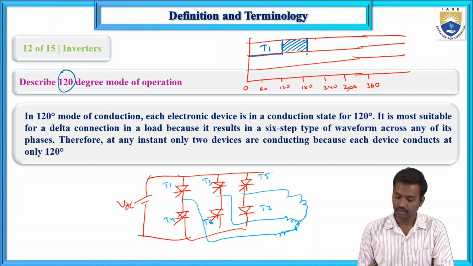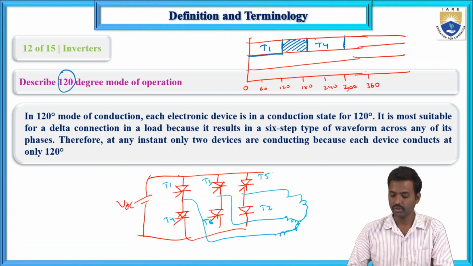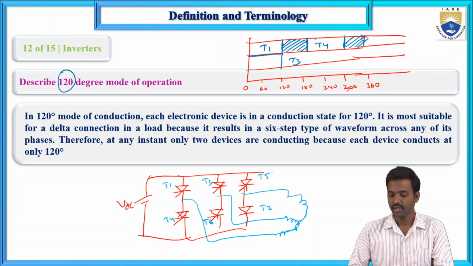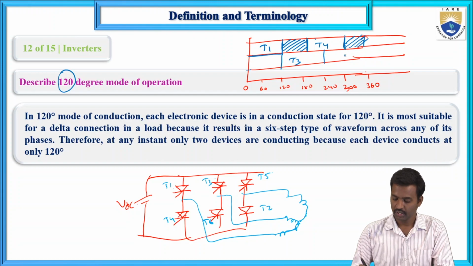And after 180 degrees, T4 will conduct, up to 120 degrees. Next, up to here no thyristor will work. And next, T1 and T4 are over. Next T3. T3 starts from here and goes up to 120, and then there is no thyristor.